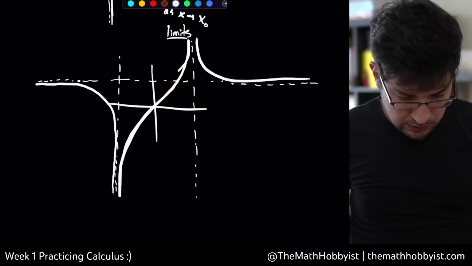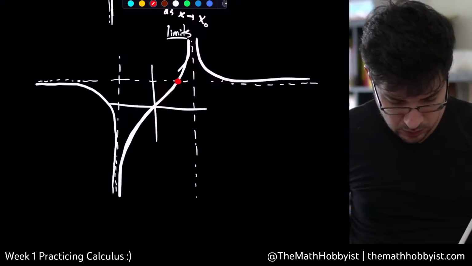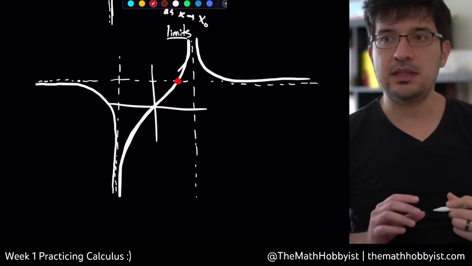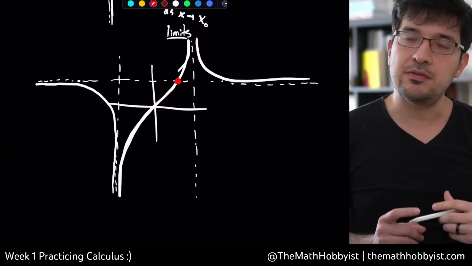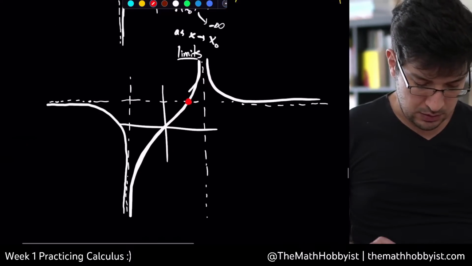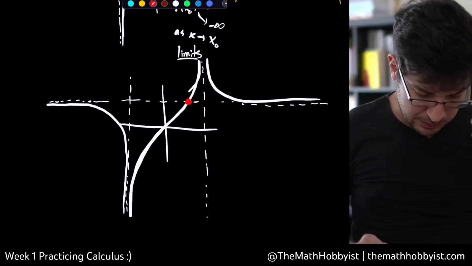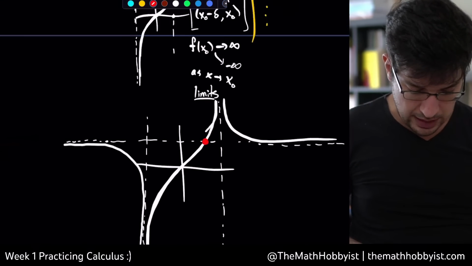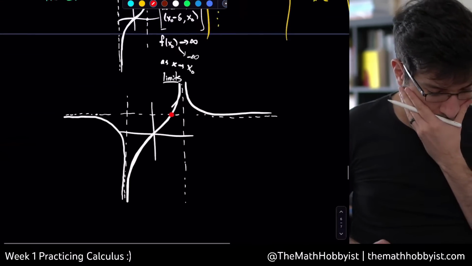But it does cross the horizontal line right there with that piece of the function. So they say it is possible for a function to cross a horizontal asymptote. Okay.